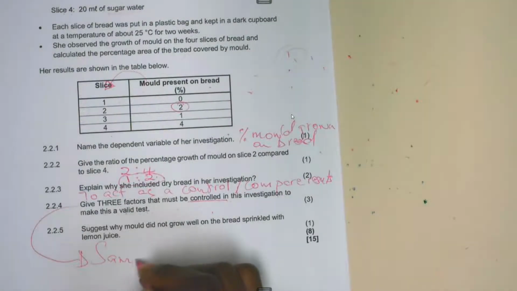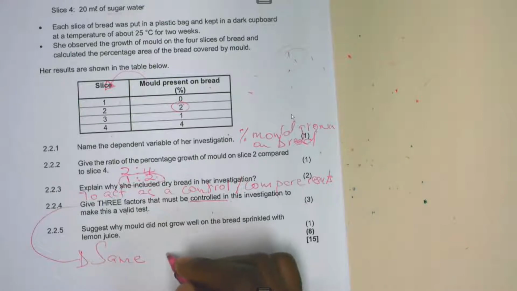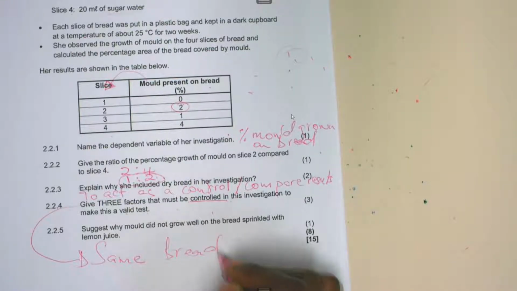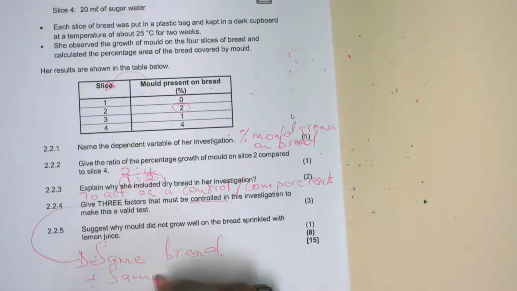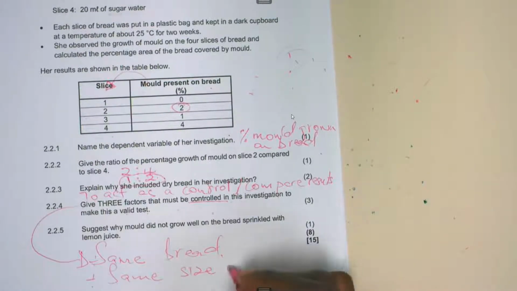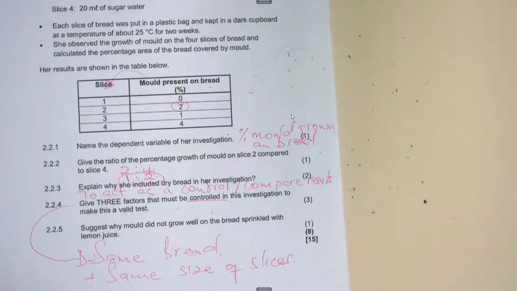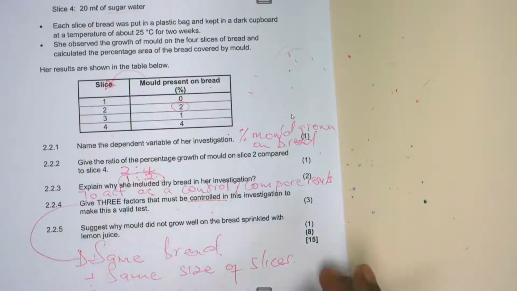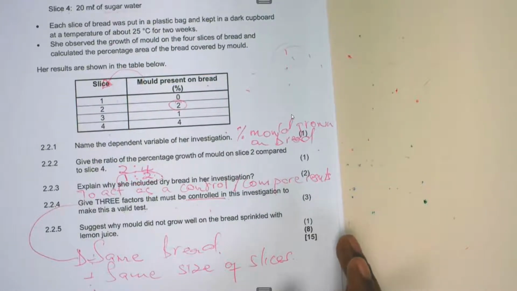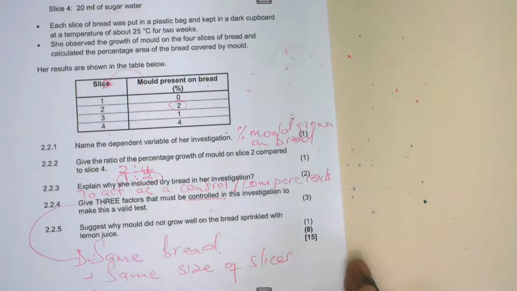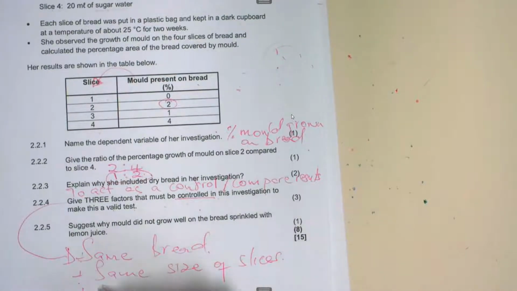So, same bread. And then another one, the slices must be the same size. Same size of slices. And then another one, slices must be exposed to the same light intensity, temperature, or environmental conditions.